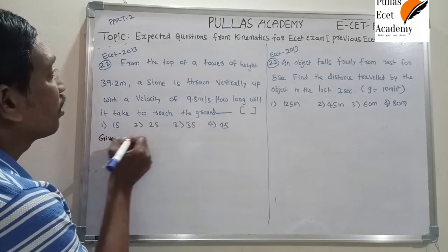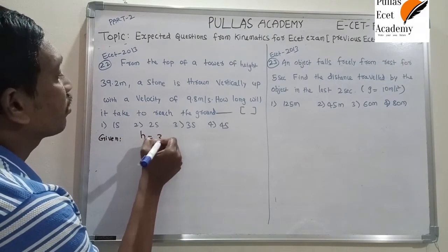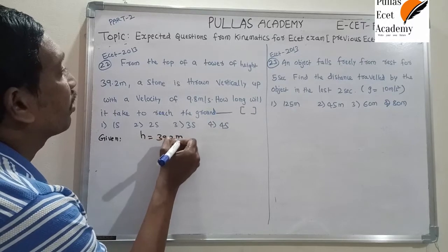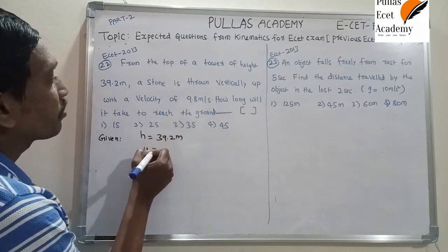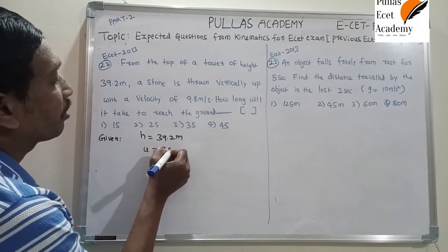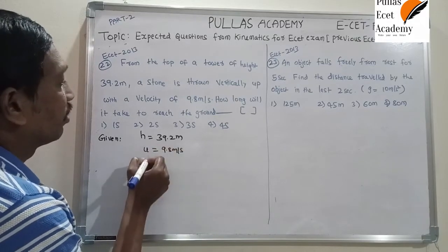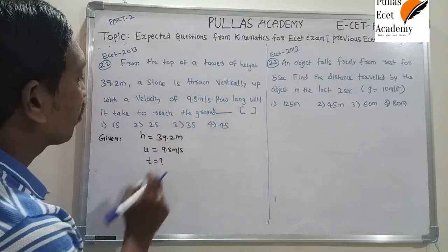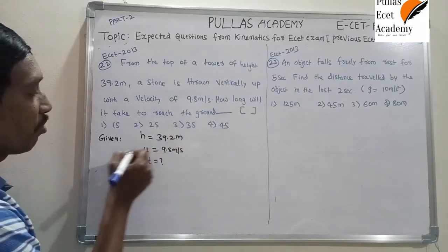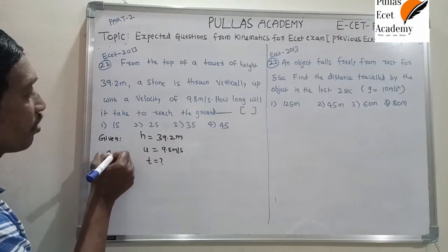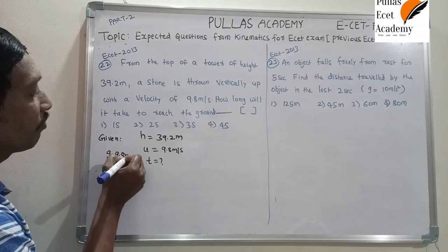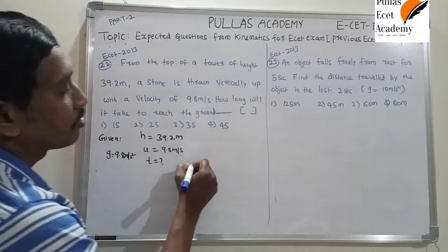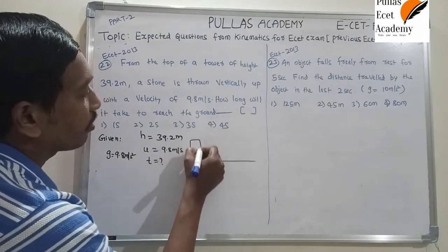One is h, that is 39.2 meter. And the projected velocity 9.8 meter per second is given. What is asked? Time is asked here. These are the given values, and small g value is not given because it's a known value. Sometimes it's not given. So if you understood like this, this is a tower.